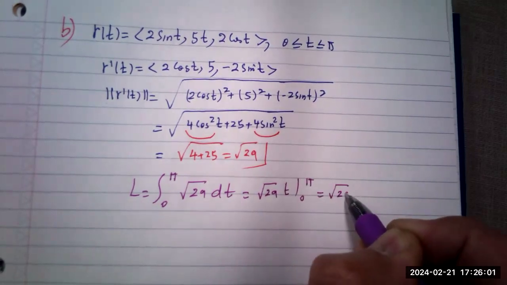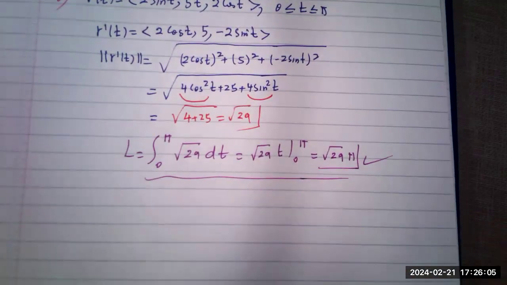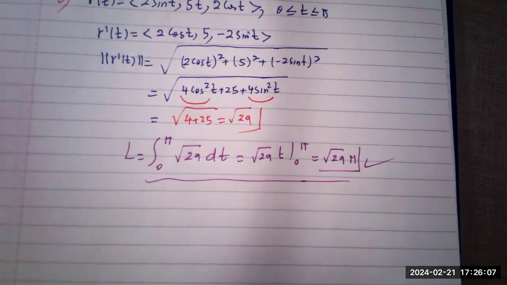So it's radical 29 pi. You shouldn't have anything to worry about with this one. Any question? Don't miss the arc length formula, and just make sure that if you get something inside that square root, take care of it.